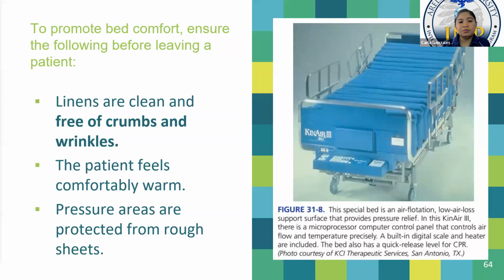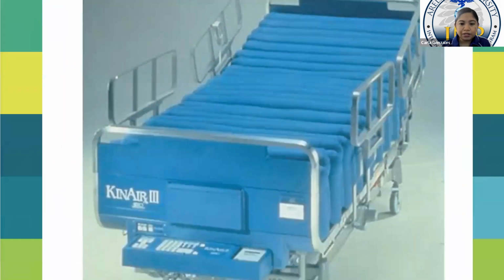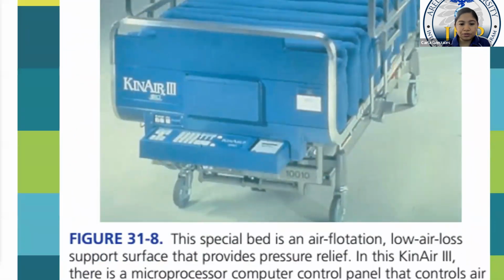To promote bed comfort, ensure the following before leaving the patient. There should be no wrinkles, you already know why. The patient feels comfortably warm. If you need to adjust your air conditioning, then you can also help with that. Pressure areas are protected from rough sheets. This one is actually a special bed with air flotation.